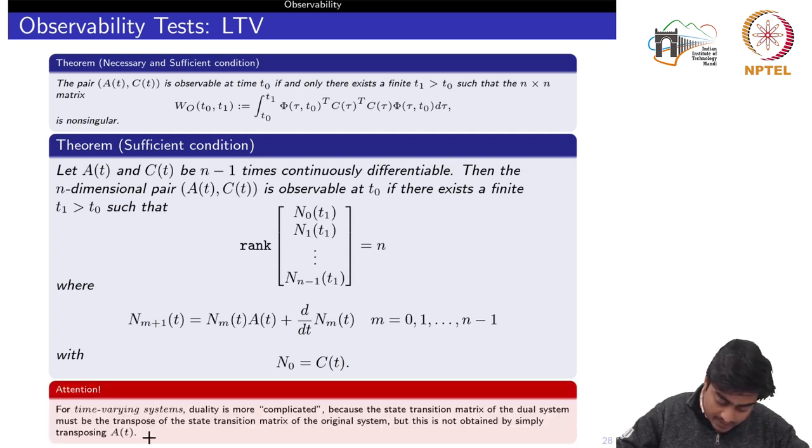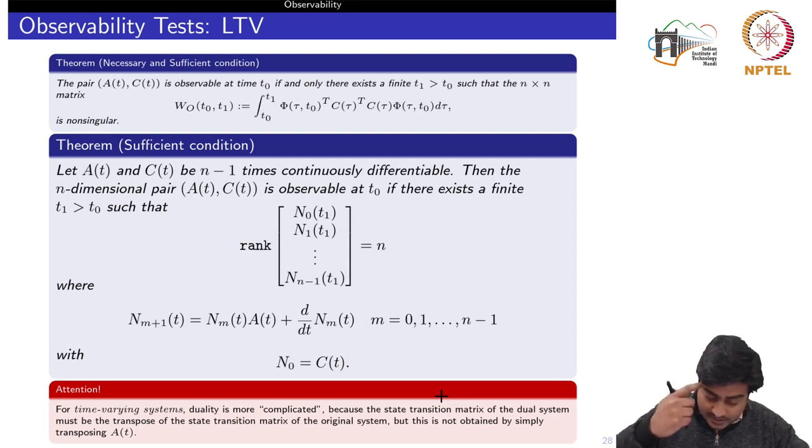So for time varying systems, duality is more complicated, because the state transition matrix of the dual system must be the transpose of the state transition matrix of the original system. But this is not obtained by simply transposing the A matrix.